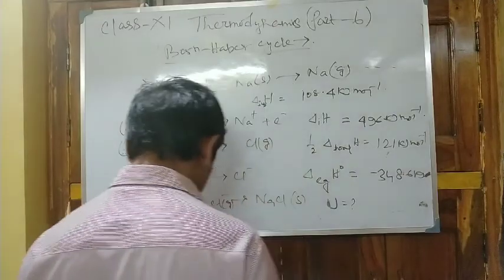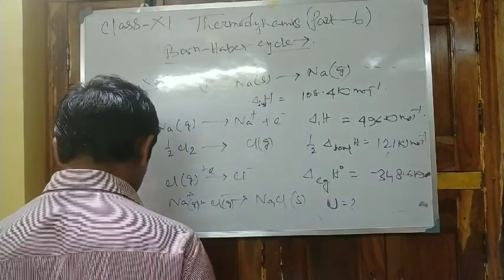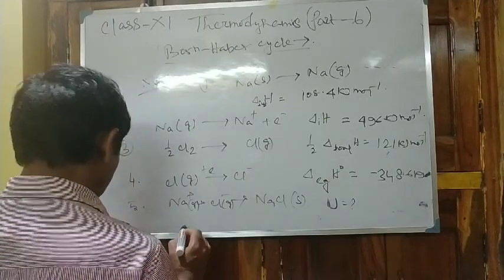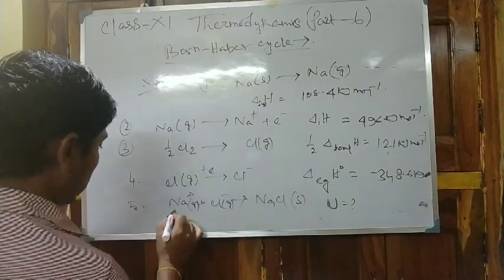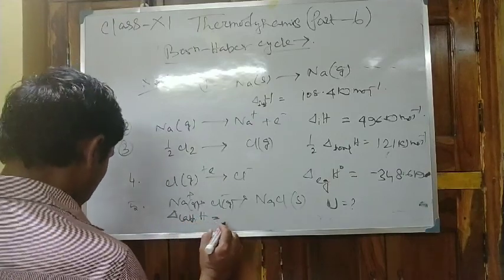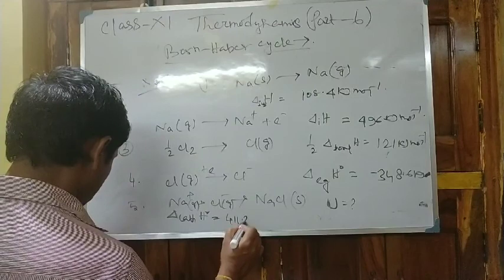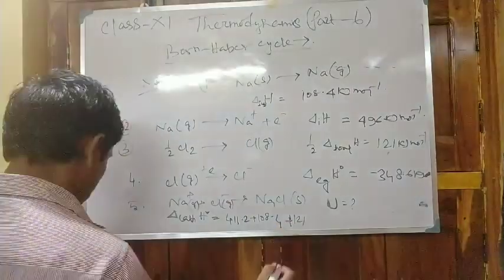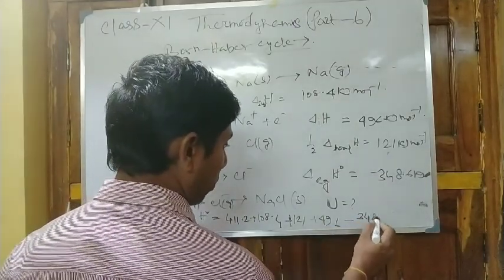Now these are the steps we have to follow. For the calculation of lattice energy, delta H lattice at standard state is equal to 411.2 plus 108.4 plus 121 plus 496 minus 348.6.